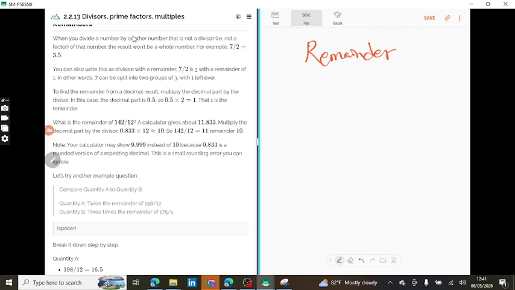Hold on, let's talk a little more about remainders. Let me ask you, 5 divided by 3, what is the remainder?